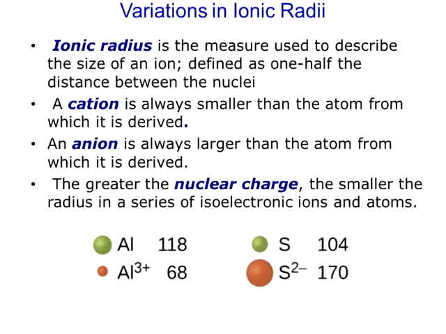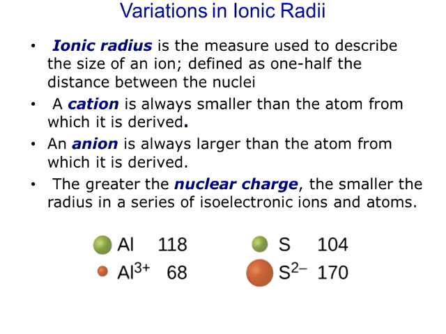Ionic radius is the measure used to describe the size of the ion, defined as 1/2 the distance between the nuclei. Not much difference in understanding what a radius is. Okay? A cation is always smaller than the atom from which it is derived. So if you make a cation, it is smaller because it loses electrons.